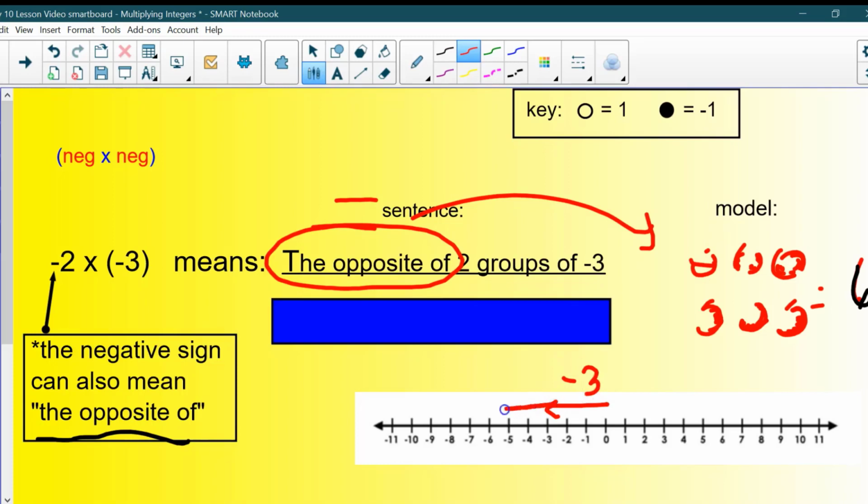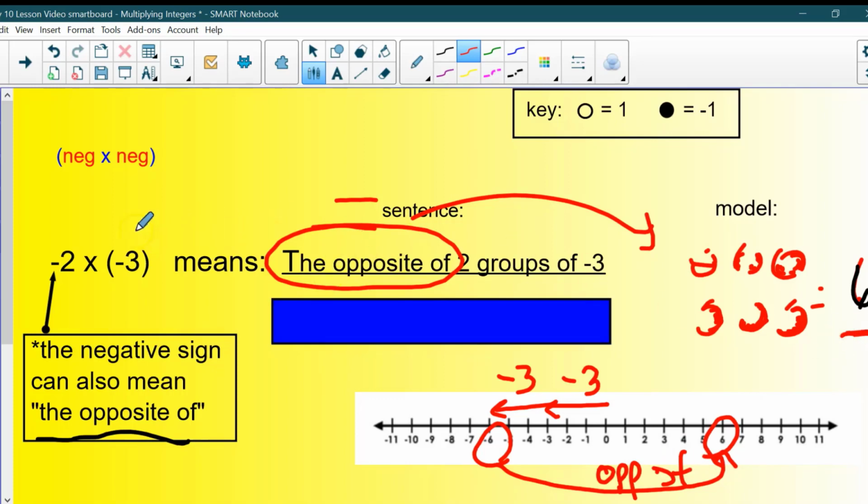Now to show two groups of -3, go another 3. Right? But then we wanted the opposite of two groups of -3. What's the opposite of -6? +6, because we wanted the opposite. I'll just abbreviate of. So the answer is +6. So notice that a negative times a negative gives you a positive.